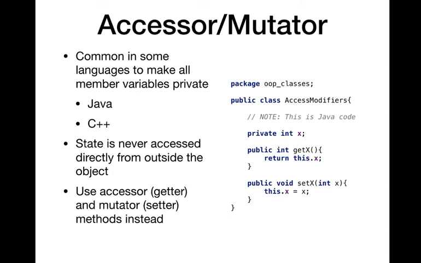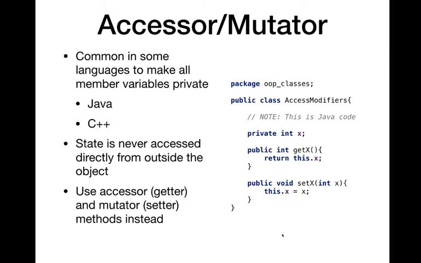So note this is Java code, but if we were writing classes in Java, the Java community and the way Java is set up, this is what happens. If I was teaching Java, and when I did teach Java, this is what I would teach, because it's the Java way: every state variable is private, and you write a getter and setter, or accessor and mutator, for every single state variable.